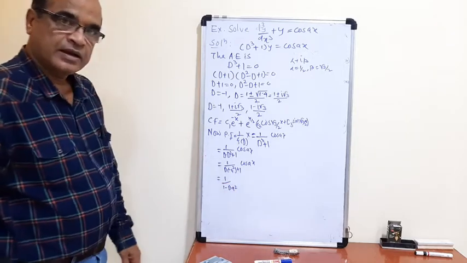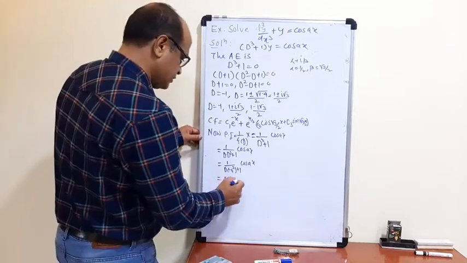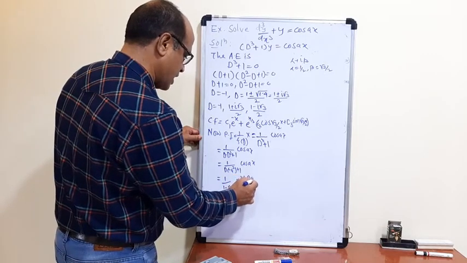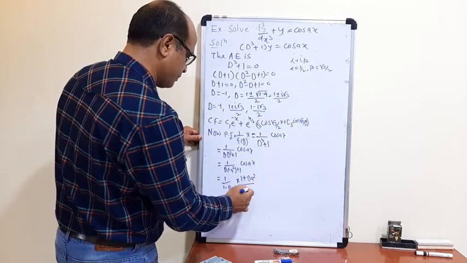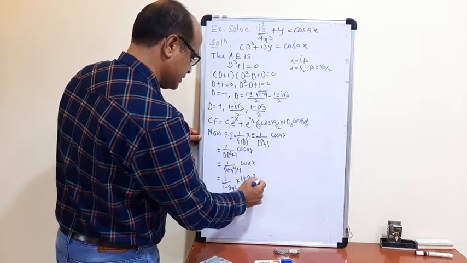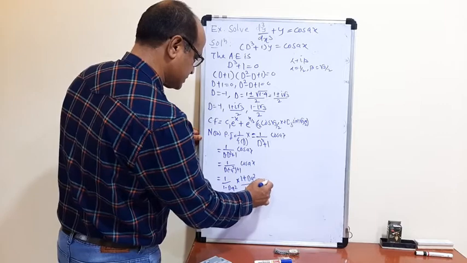Then we rationalize by multiplying by 1 plus d a square divided by 1 plus d a square, acting on cos ax.